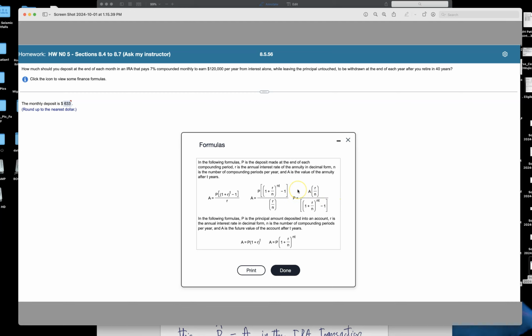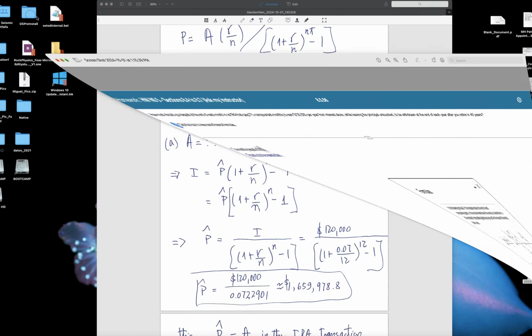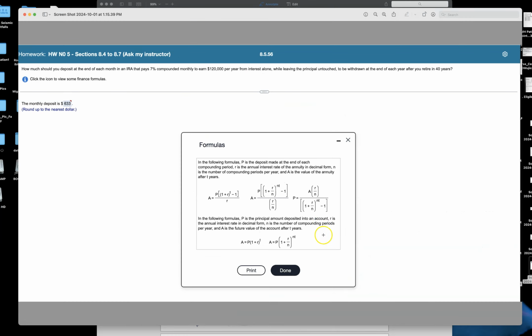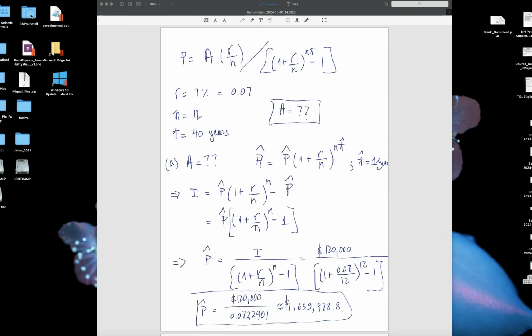So, in our problem, the monthly deposit is going to be given by this formula, which is exactly the same as this one. Perfect.